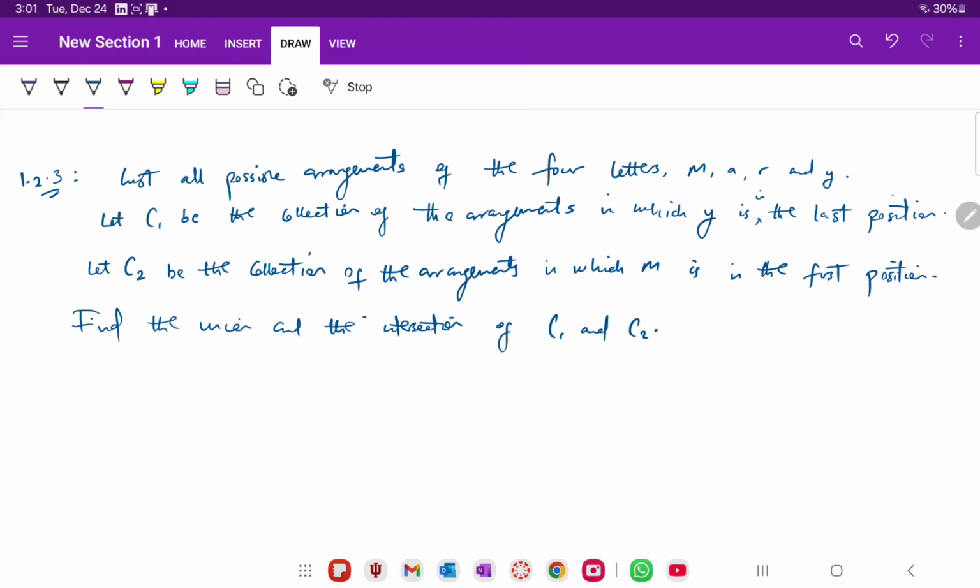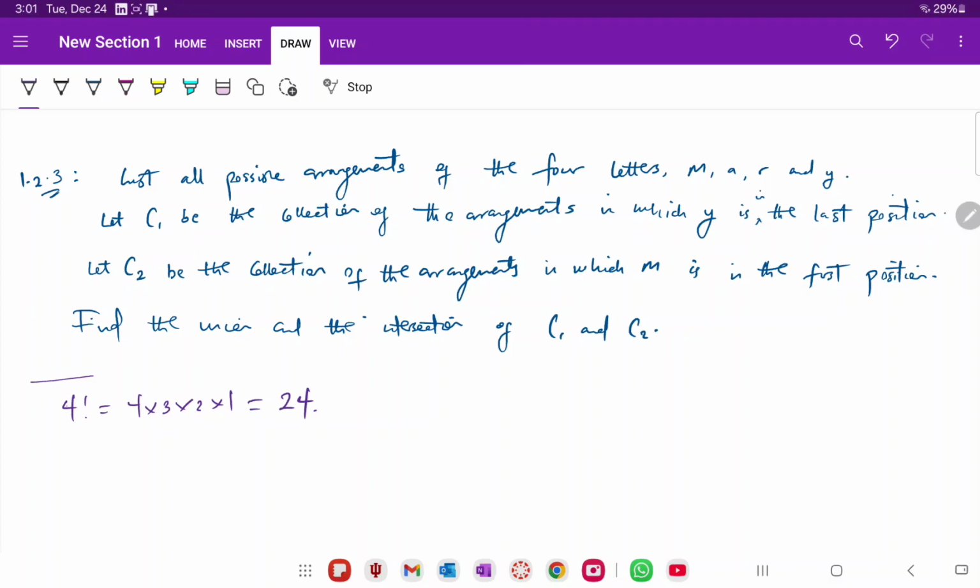So the first is to list out the possible arrangements. We have 4 letters, and then permutation of 4, that's 4 times 3 times 2 times 1, and then we are going to have 24 possible outcomes.